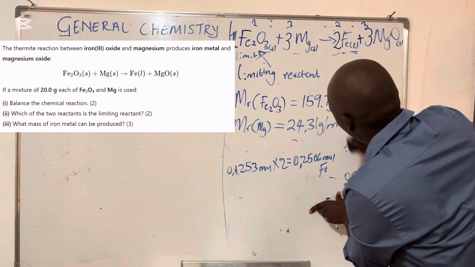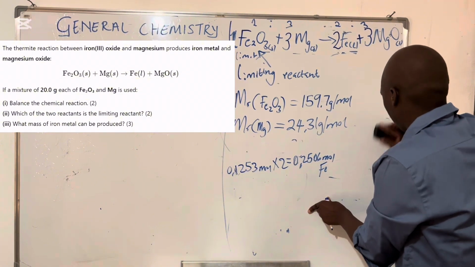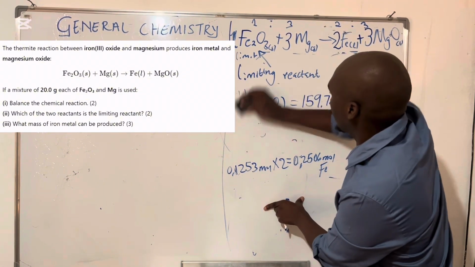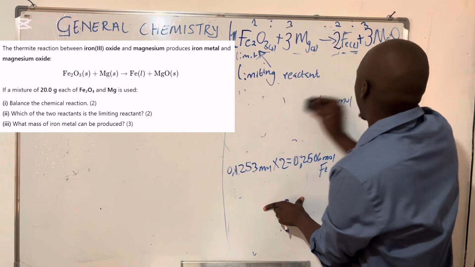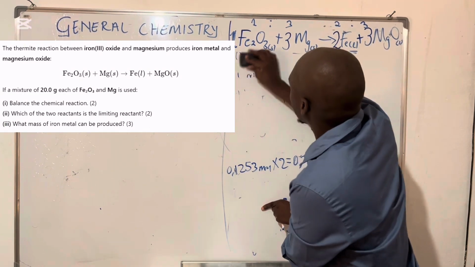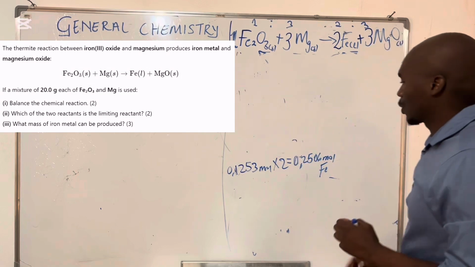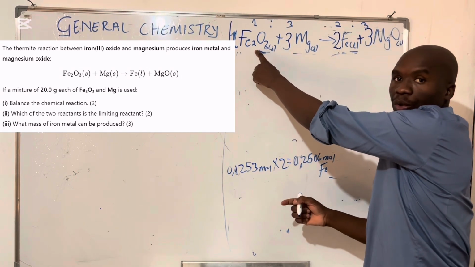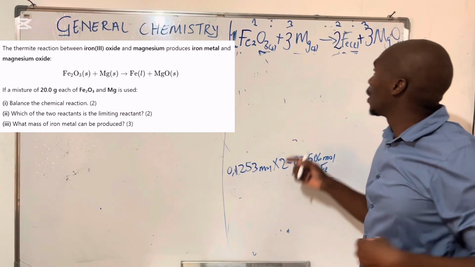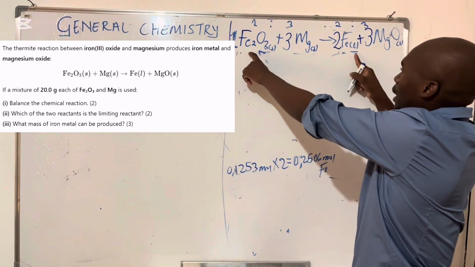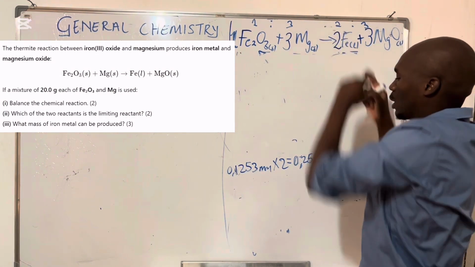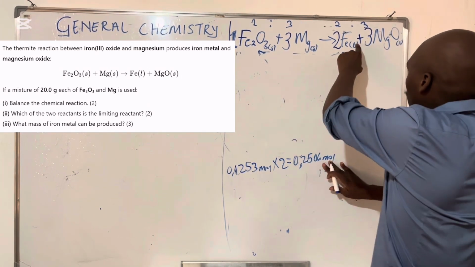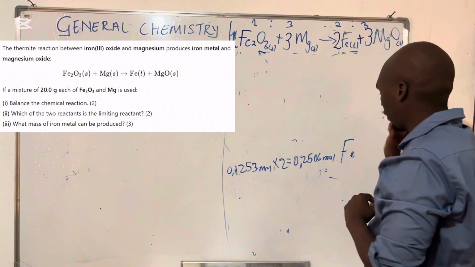Let me erase this one so that things may not be messy. Yeah, so it's like this. Remember the number of mole, we have calculated it before. So from here to here, we multiply by 2. That's why I multiply by this 2 to find the number of mole of this one here, which is the number of mole of Fe, right?